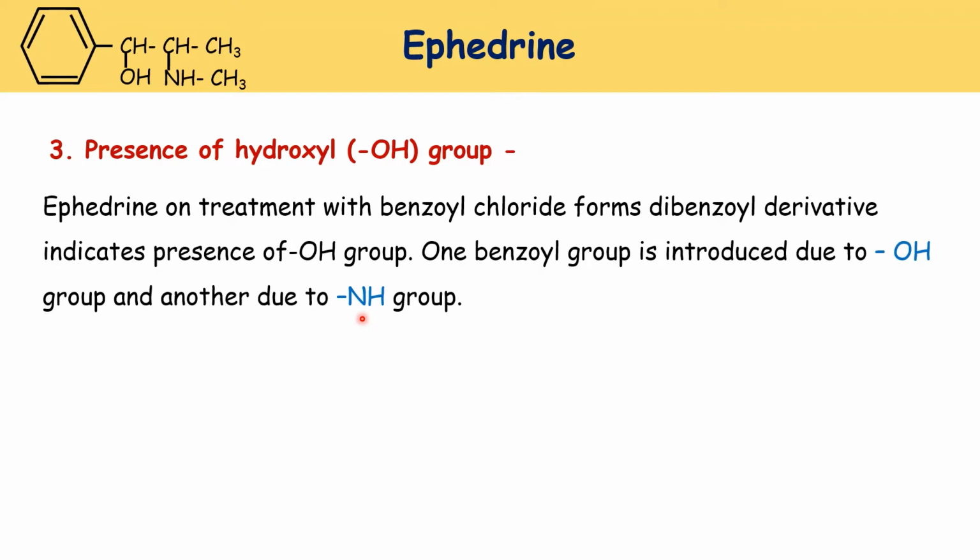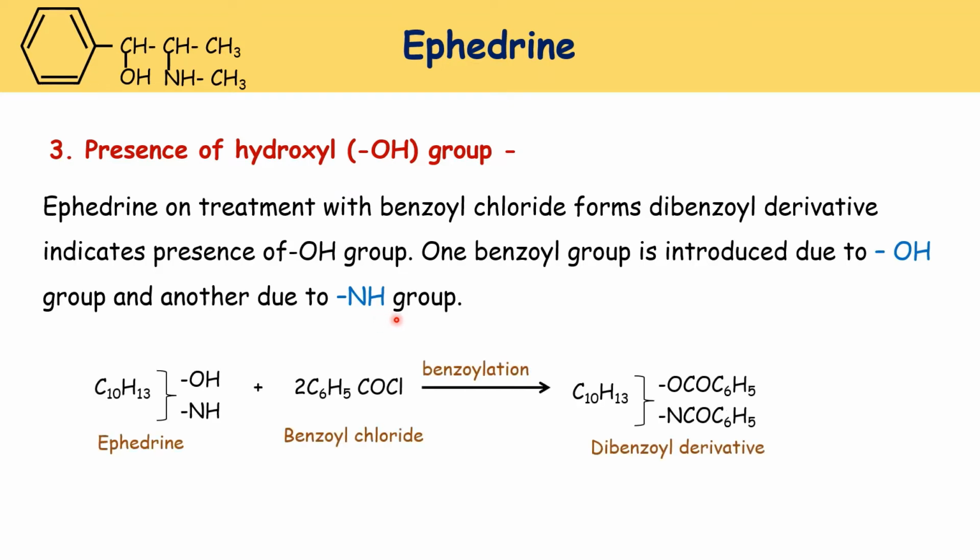The reaction can be represented like this. This is ephedrine which contains OH and NH groups, and after benzylation we get the dibenzyl derivative. Formation of that derivative indicates ephedrine contains a hydroxyl group and an NH group, that is, a secondary amino group.